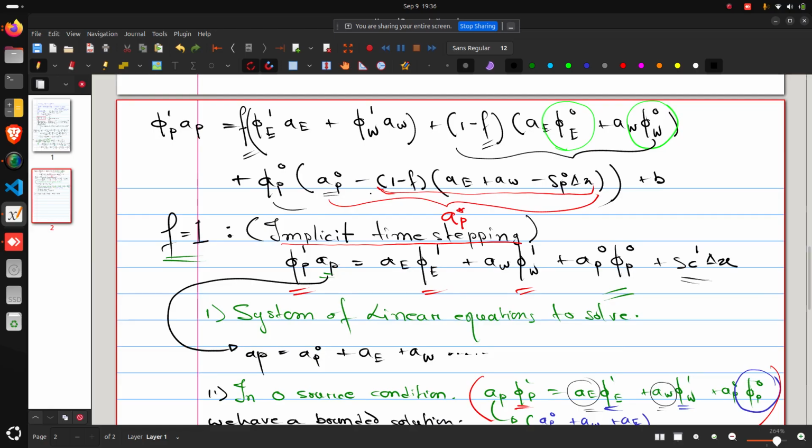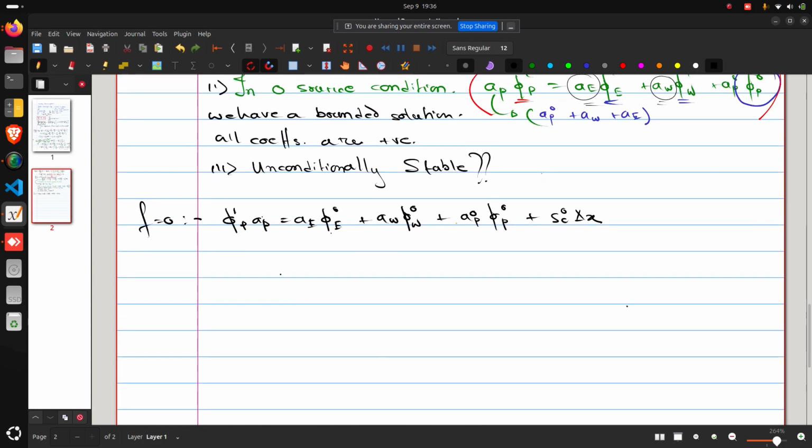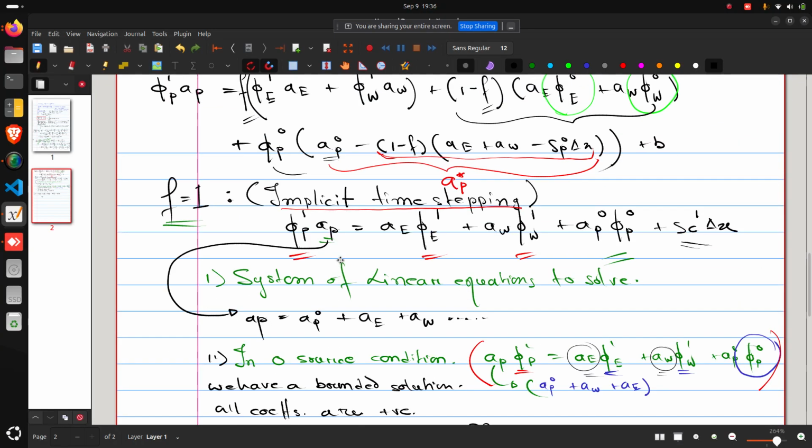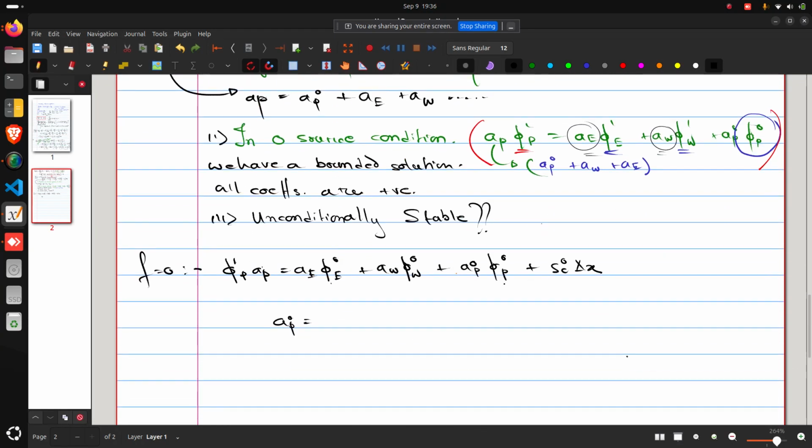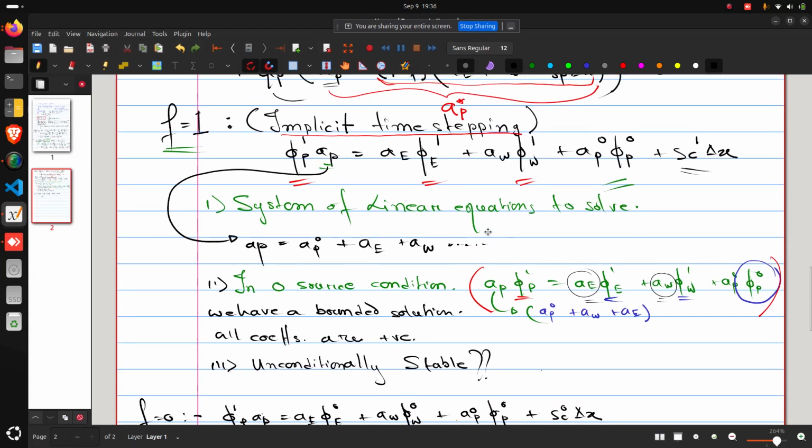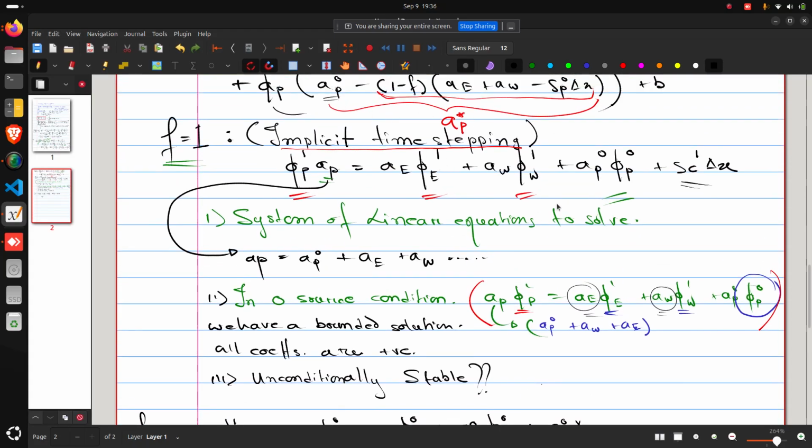And what will the AP naught here be? Okay, sorry, this is not AP naught, this is AP star, right? Because AP naught is this part. Let me just rewrite it. This will be AP star, and here the AP star is nothing but AP naught.